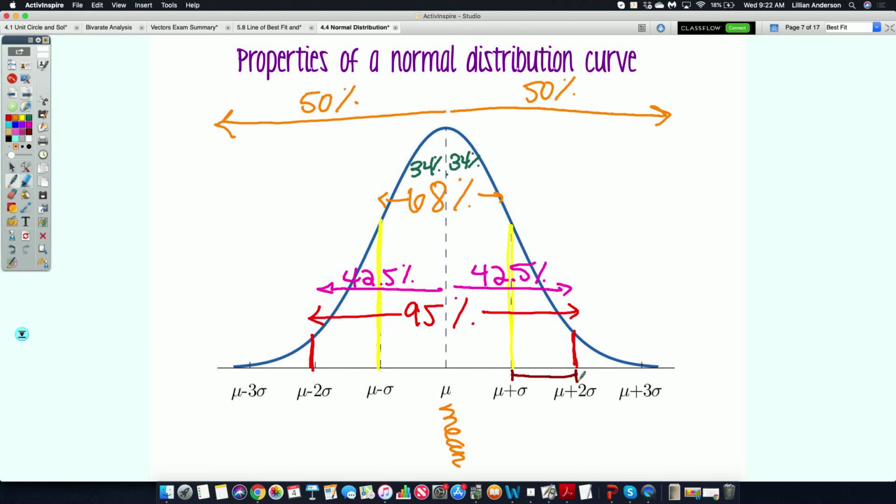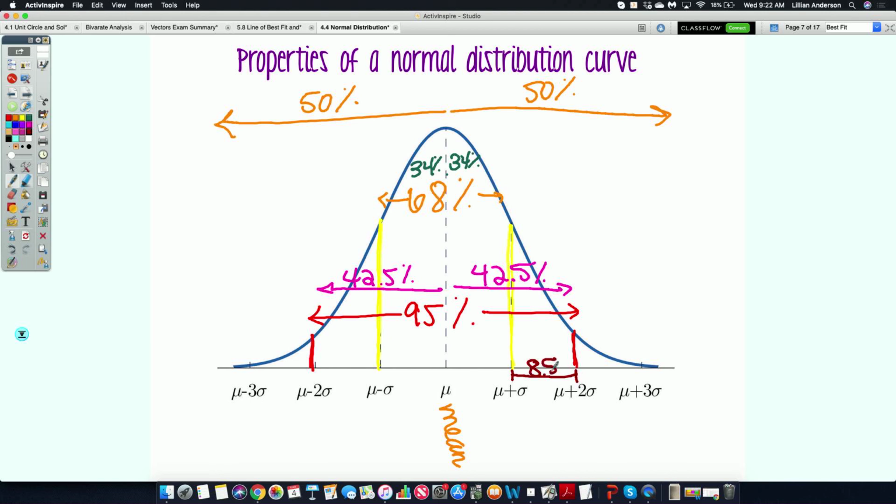How much lies between your first standard deviation and your second? Yeah, 8.5. It would be 8.5.